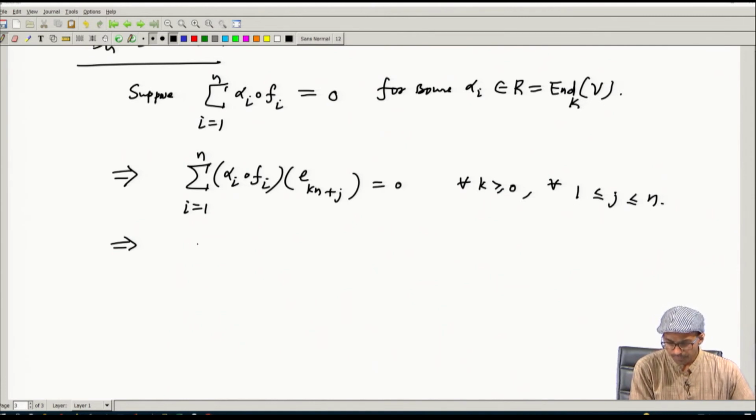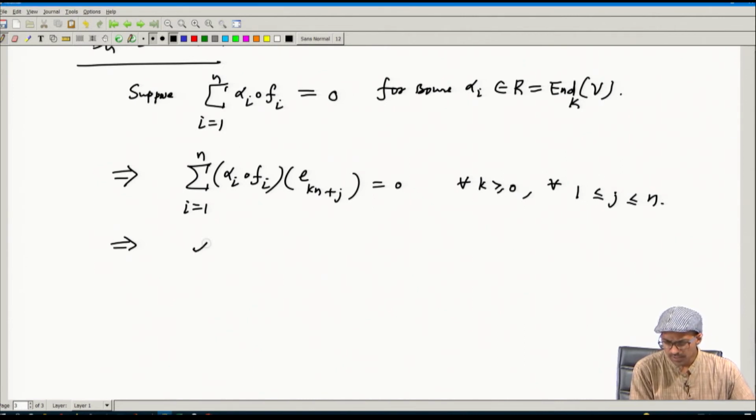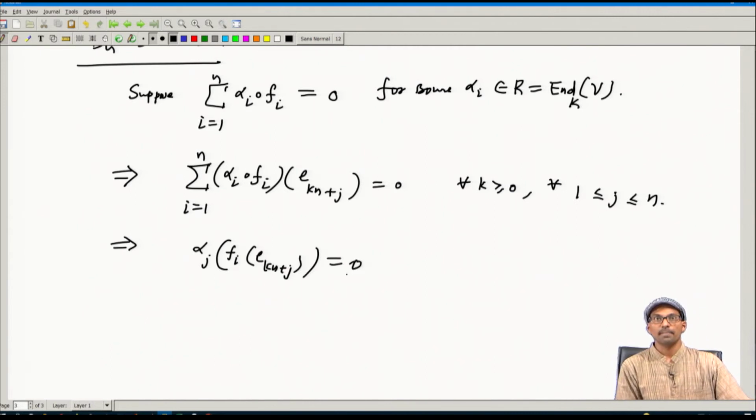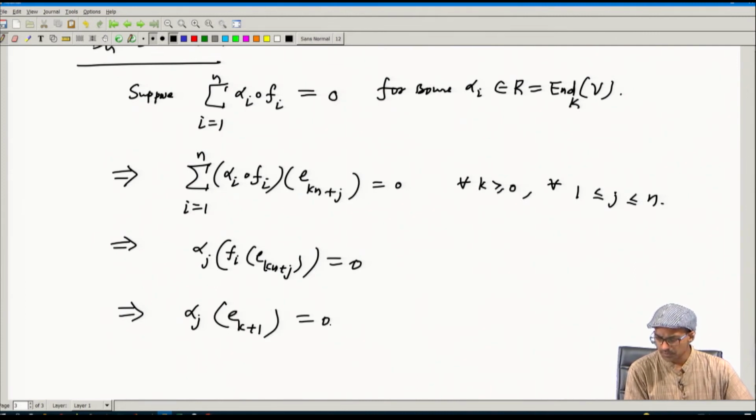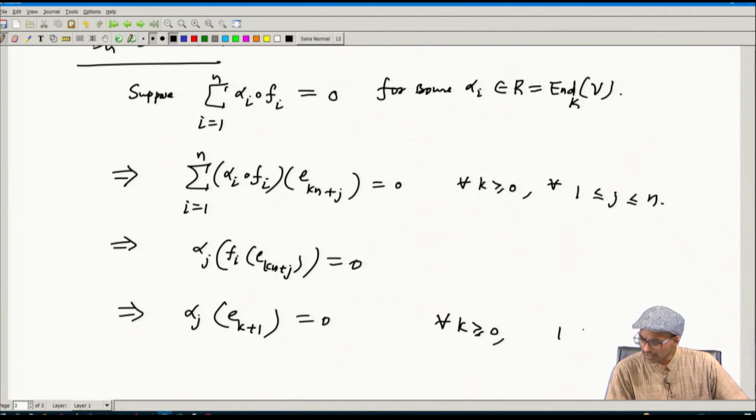So this is alpha j of Fj of E of kn plus j, the only surviving term, and the rest are zeros. But what is this? Fj of E of kn plus j is E of k plus 1. So this is equal to 0, and of course, this is true for every k greater than or equal to 0 and 1 less than or equal to j less than or equal to n.